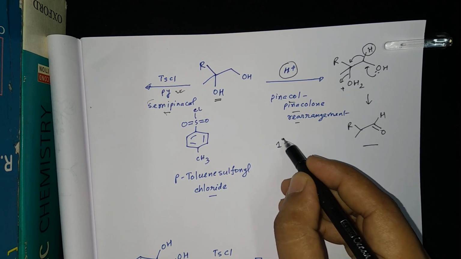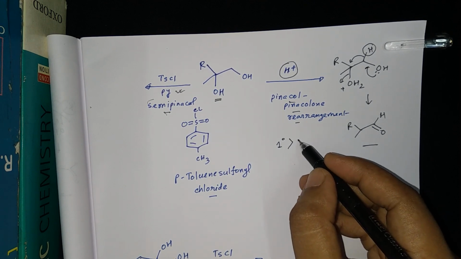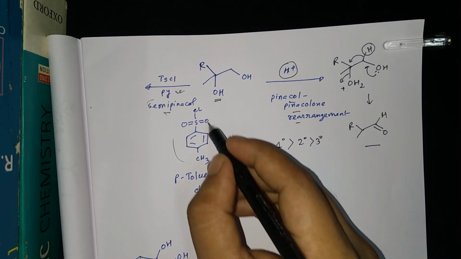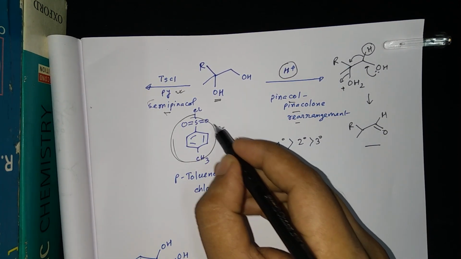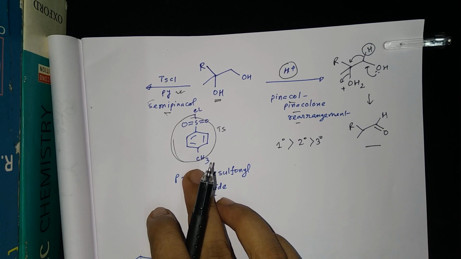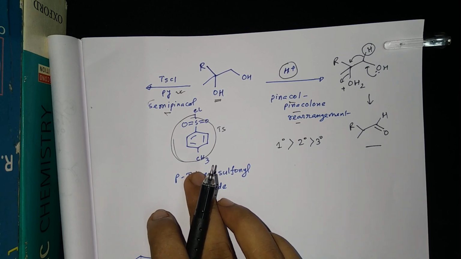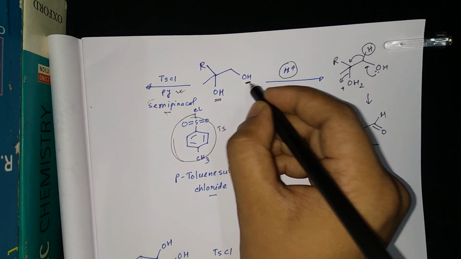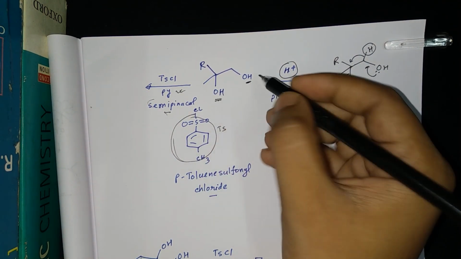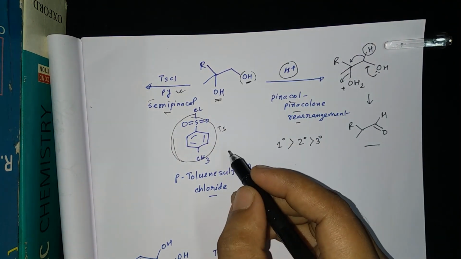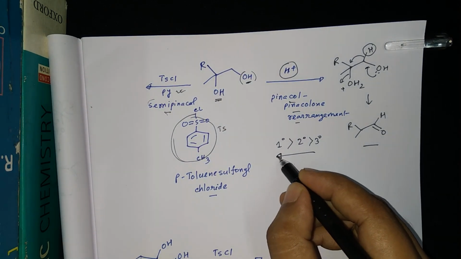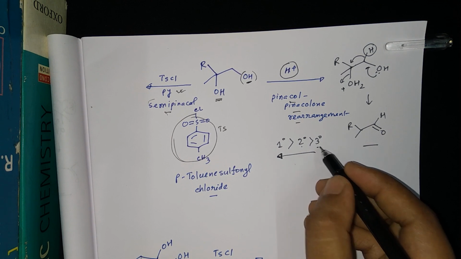The rate of tosylation is 1 degree greater than 2 degree greater than 3 degree, because TsCl is a bulky group, and therefore it will choose the position with less steric crowding. So this OH is more preferable for tosylation. This is the reactivity order of tosylation.